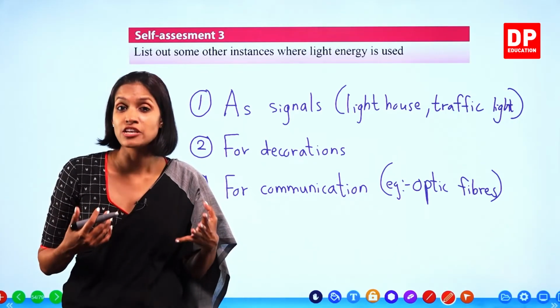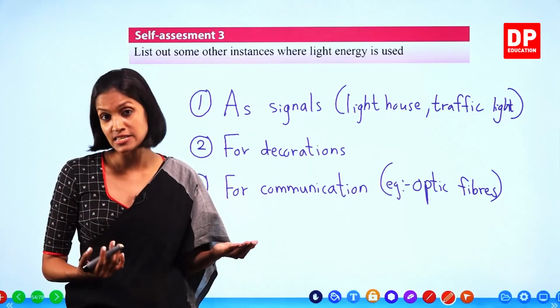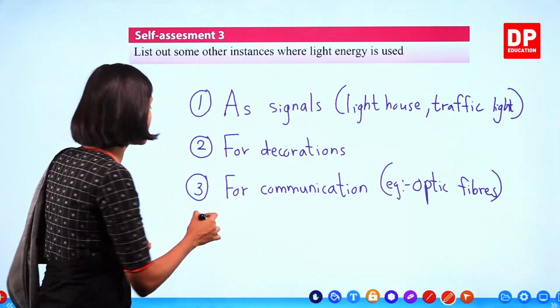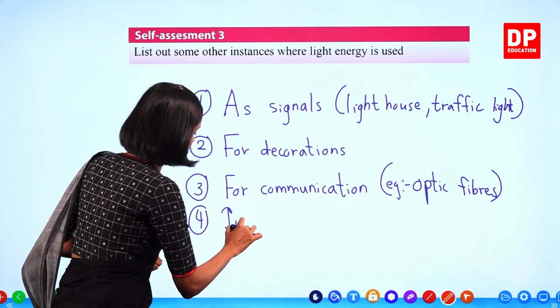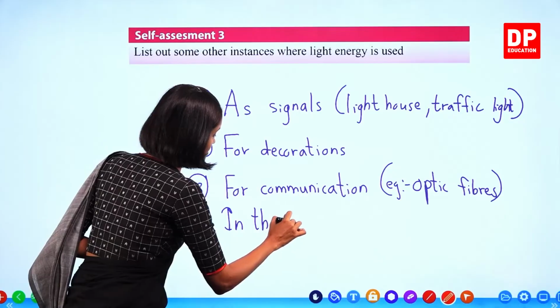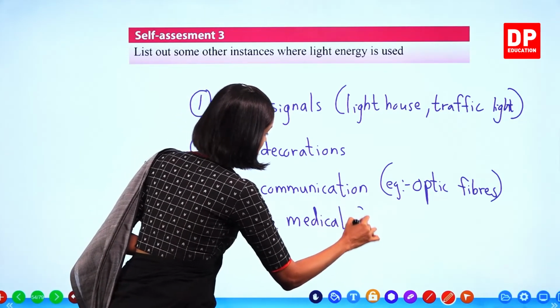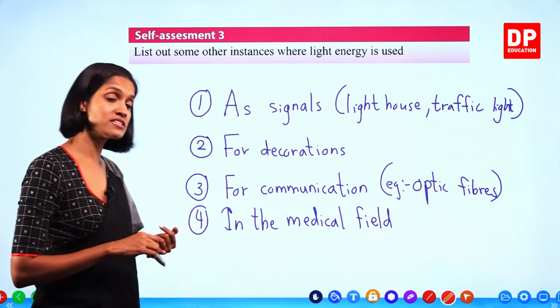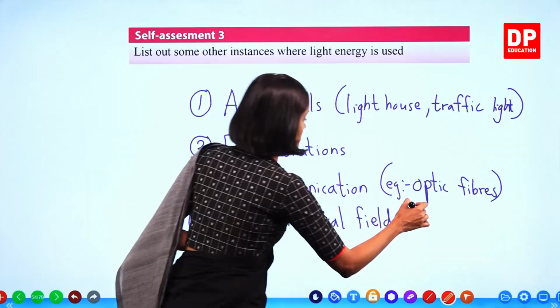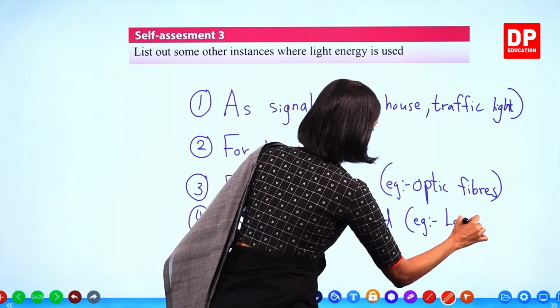So to treat patients, these laser rays are used in different instances in the medical field, right? So we can write that as well. In the medical field, to treat some eye diseases, right? Example: laser rays.